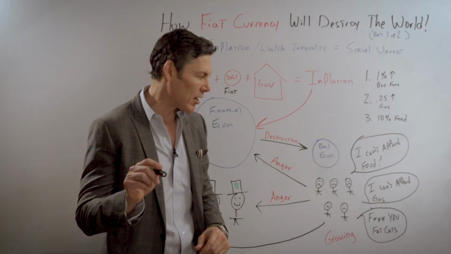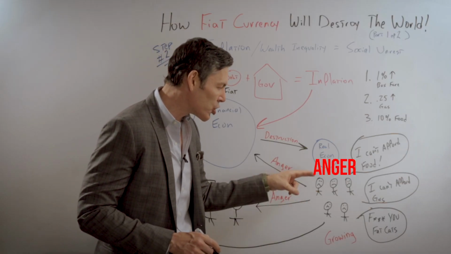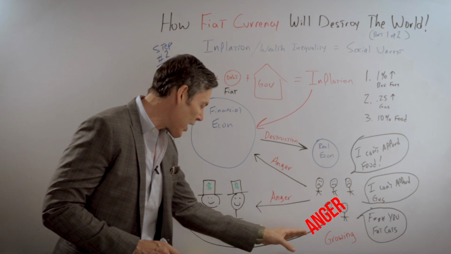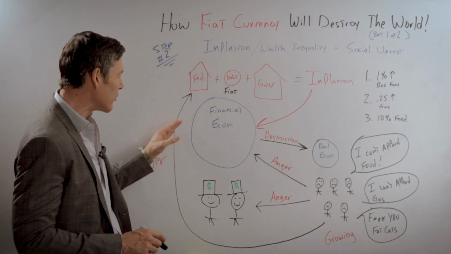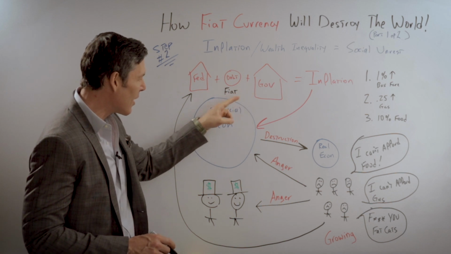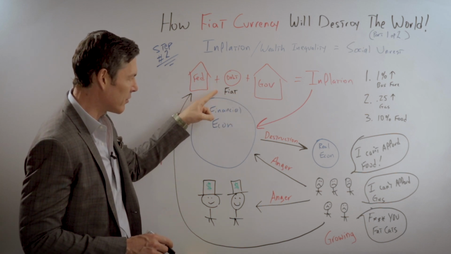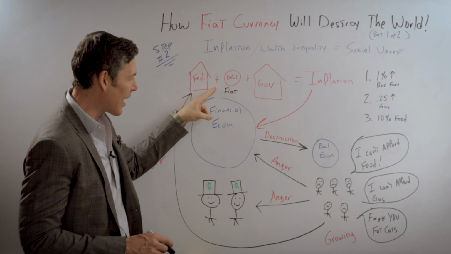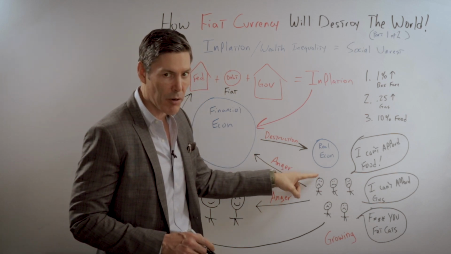The irony here is where their anger should be focused is right around the corner, up and to the right, at the Fed and the government and the fiat currency system. That is the catalyst to all of their problems.